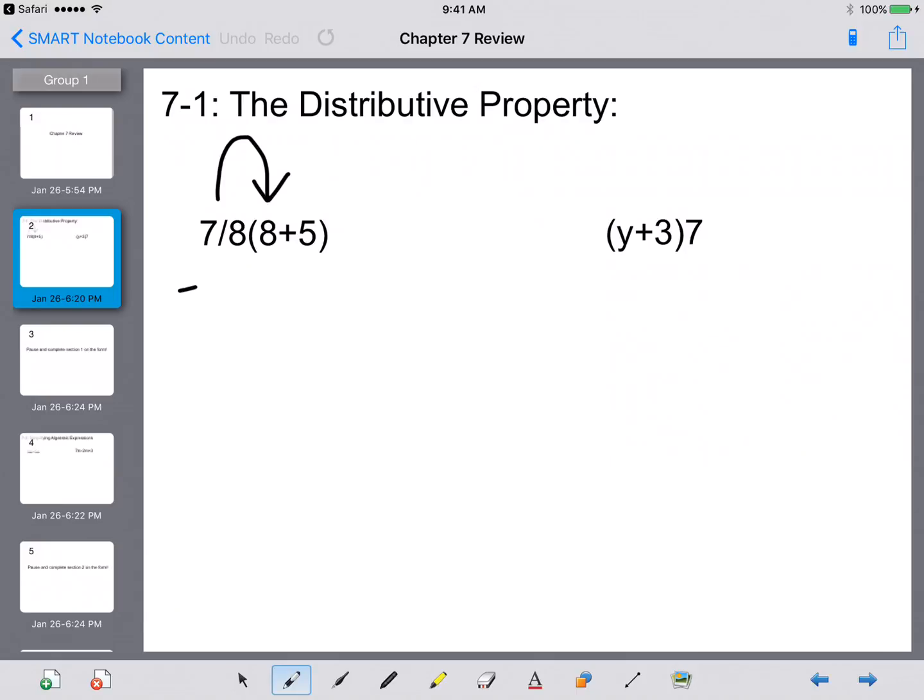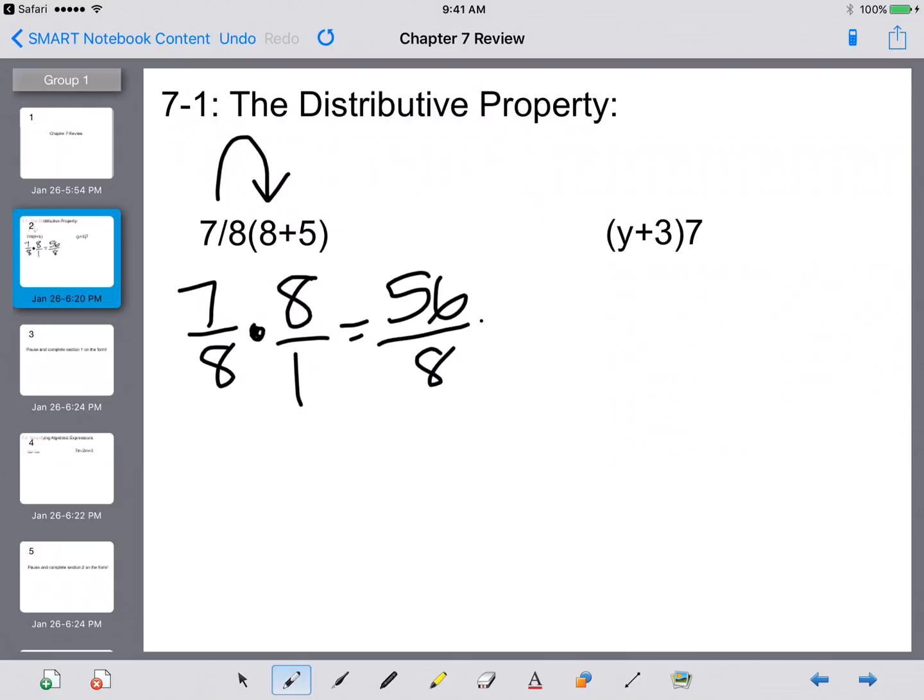So 7/8 times 8. So that's 7 over 8 times 8 over 1, which you multiply across. You get 56 over 8, which is also the same thing as just 7. So we'll have 7 there. We bring our plus sign down, and then we distribute 7/8 to 5.